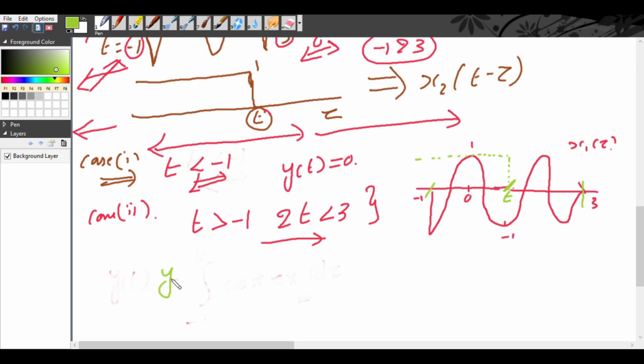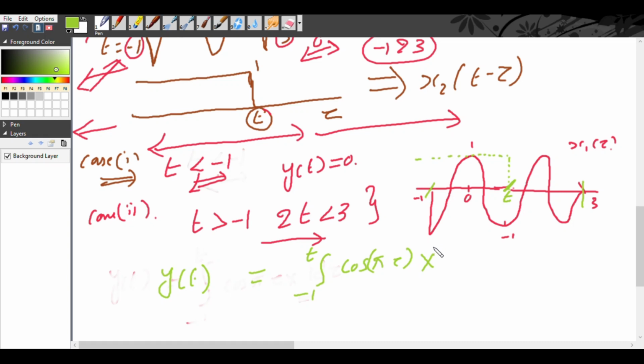Look, let us assume that t is somewhere here. Okay, so y of t is equal to the integral from -1 to t. There is an overlap. So I write cos pi tau. What is the value of u of t? U of t is nothing but 1 actually. U of t minus tau, the value is 1.